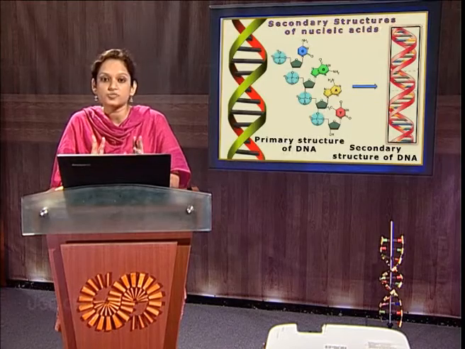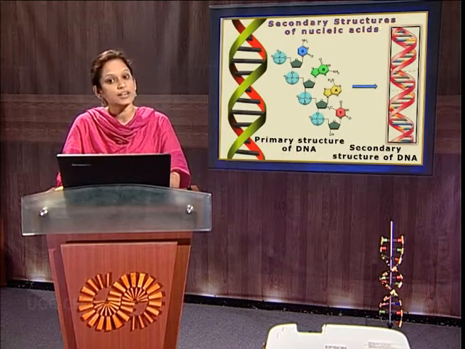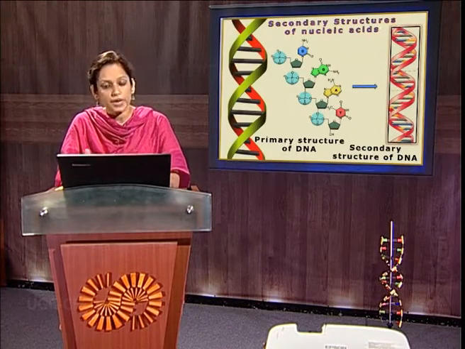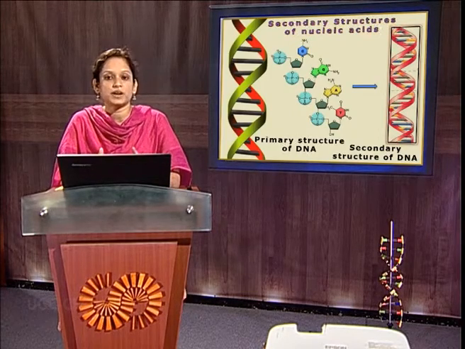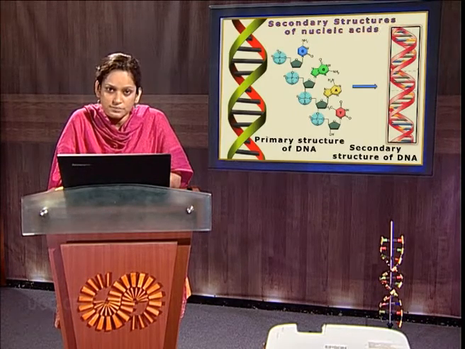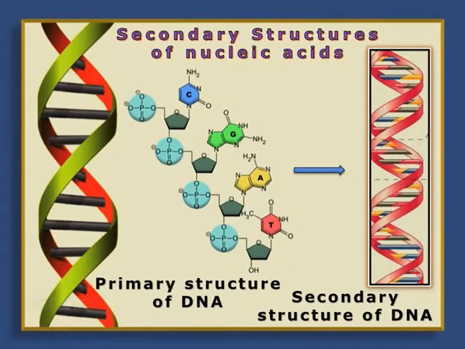The DNA double helix consists of 2 main parts. The hydrophilic sugar phosphate backbone is present on the exterior of the double helix, whereas the bases, being hydrophobic in nature, are present in the center. Thus, it contributes to the stability of the secondary structure of DNA.